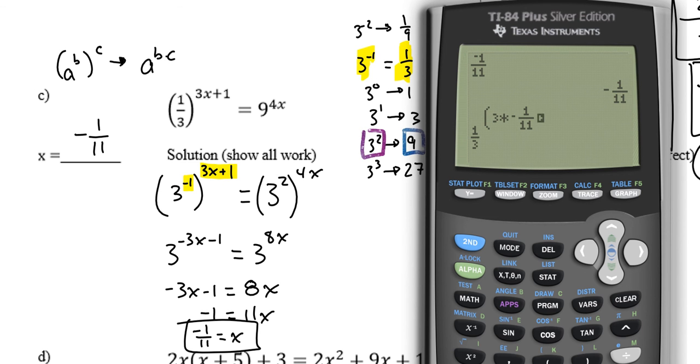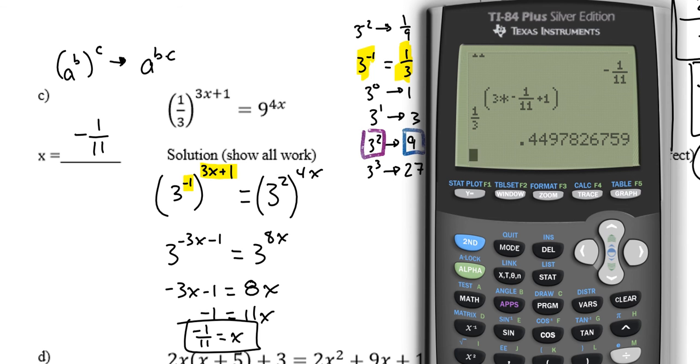So 3 times -1/11, and then plus the number 1, and close the parentheses, and I'm just going to press equal. So on the left hand side, when x is -1/11, I get 0.44979.